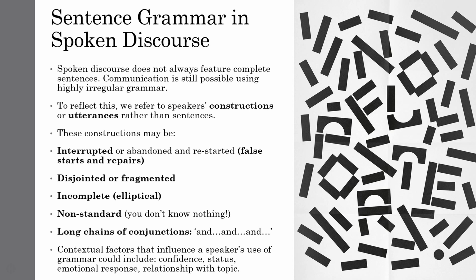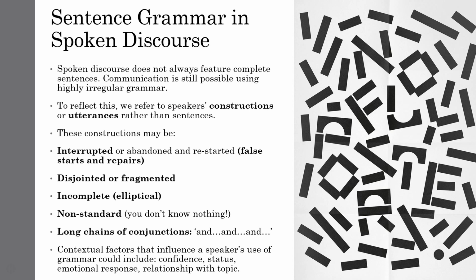Generally speaking, the grammar of spoken discourse is non-standard, and there's a great example: "You don't know nothing", a double negative, which obviously would be wrong in written language, but is very common in spoken language. Long chains of conjunctions: young writers tend to do this, stringing together multiple sentences with "and".